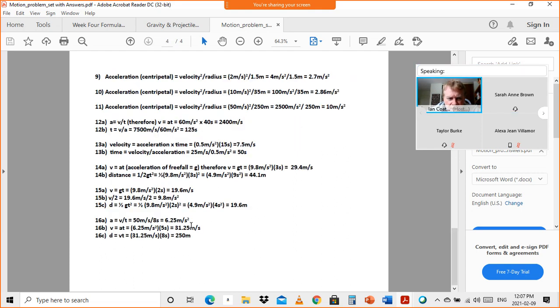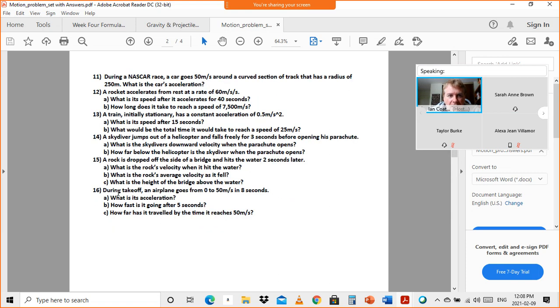I'm just looking here. For this question, during takeoff an airplane goes from 0 to 50 in 8 seconds. So what is its acceleration? Okay, B. Going back to the lab, there's kind of a relationship here. If something is going from standing to 50 meters per second, I'm actually giving you 2 bits of information.